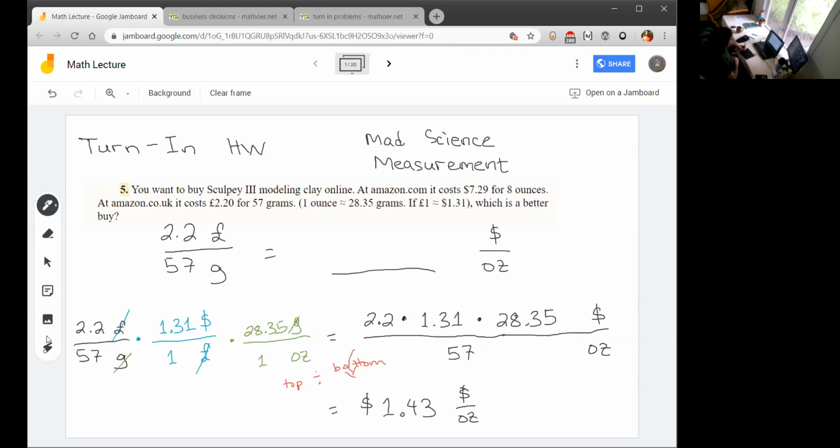So I'm not quite done. Here we have $7 and change for 8 ounces. Here we have a little more than $1 for every ounce. Which one is going to be cheaper? The one that's less than $1 per ounce, right?